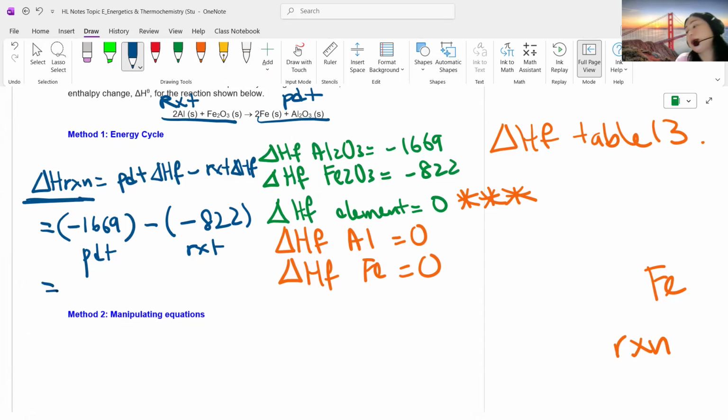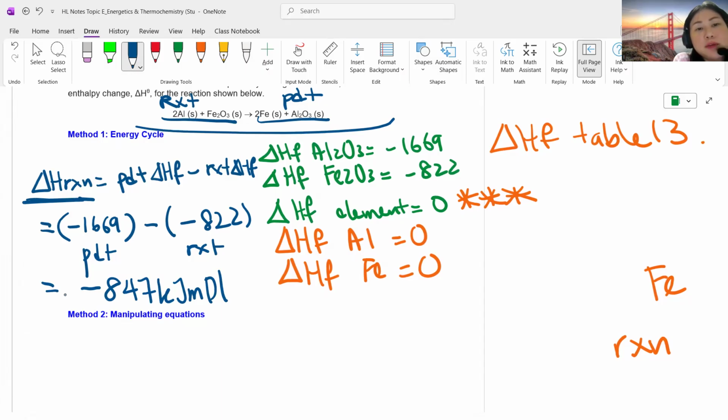Take a calculator and calculate, that's all. Product values minus reactant values. The product value is minus 1669, minus the reactant value, which is minus minus 822, becoming plus 822. So I'll get negative 847 kilojoules per mole. That's the enthalpy change of this reaction.